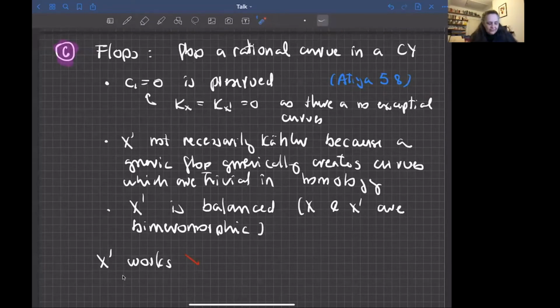This process, as we learned from Atiyah, preserves the vanishing of the first Chern class, because there are no exceptional curves, so the canonical class stays trivial.